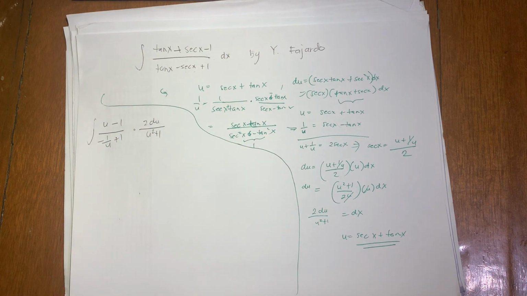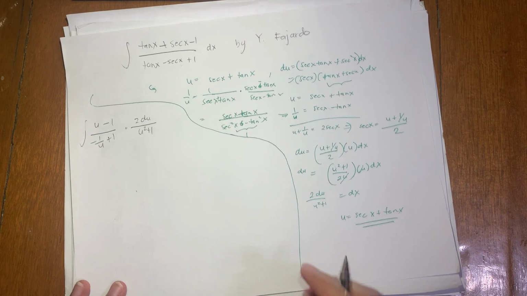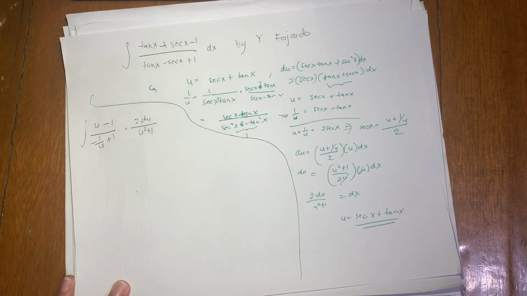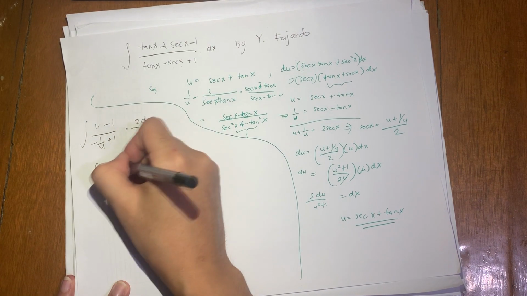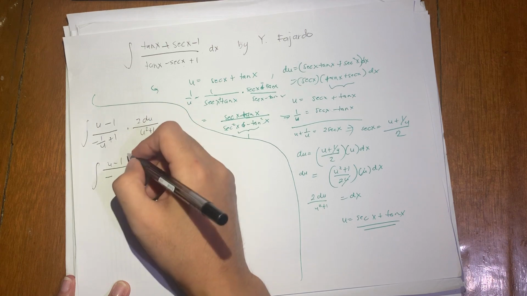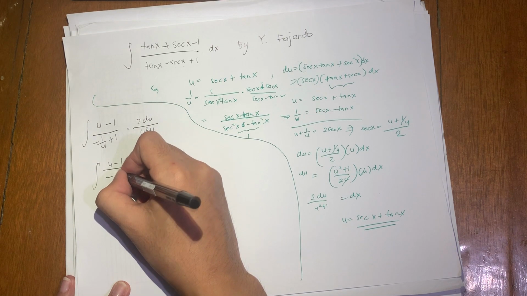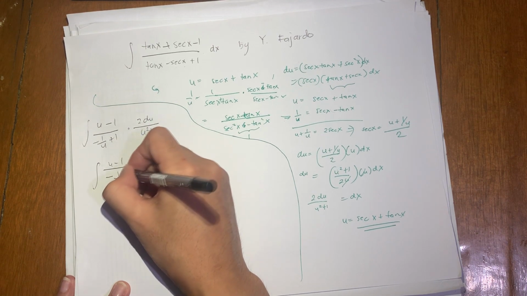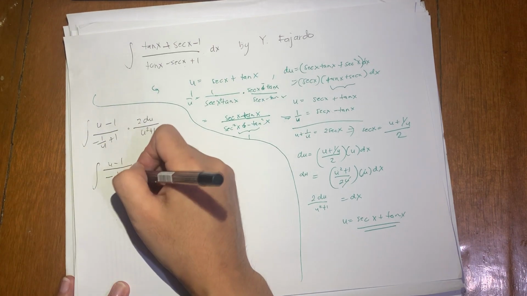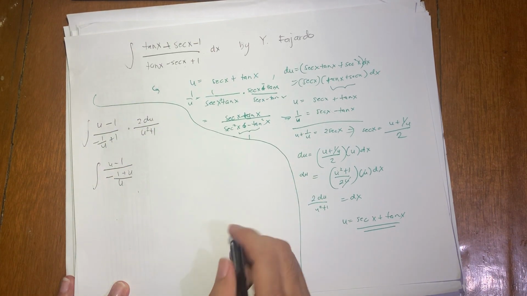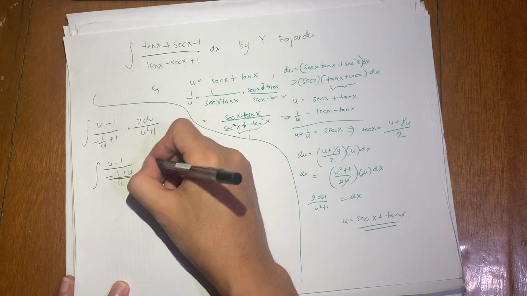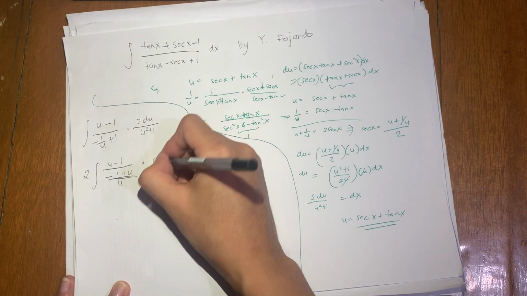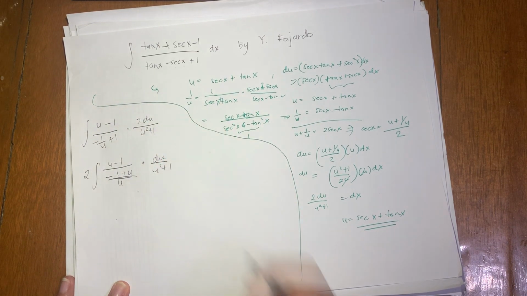Now we can simplify this. This is u minus 1 over (negative 1 plus u) over u, and then times, I'll just take out the 2, du over u squared plus 1.